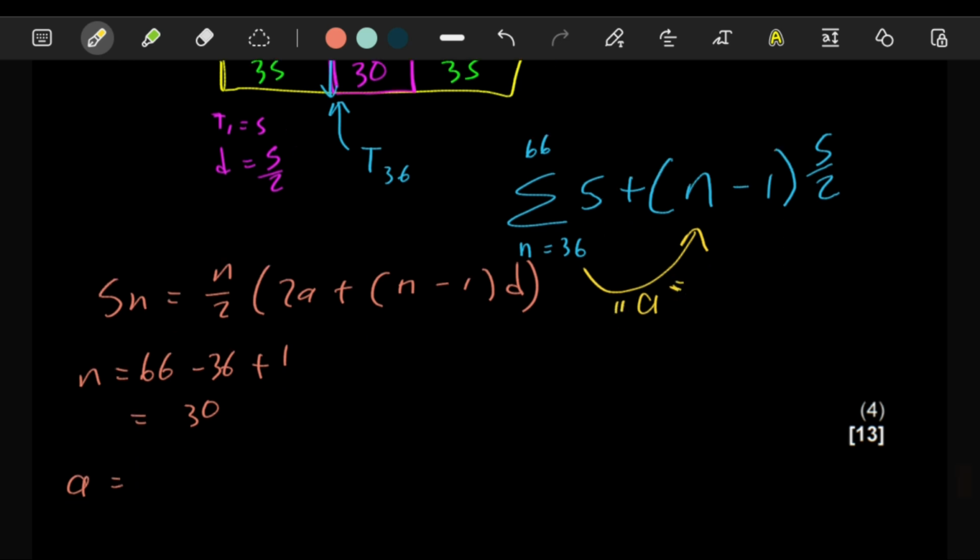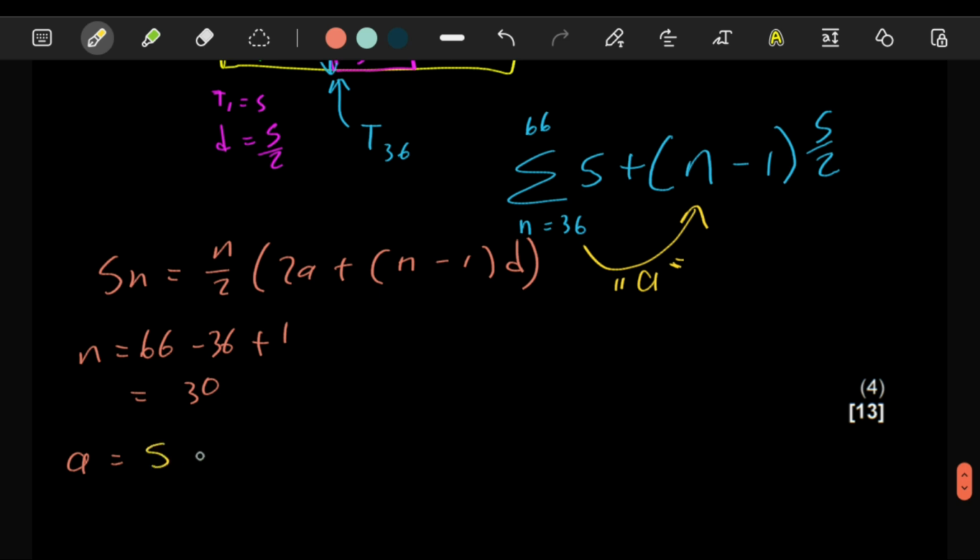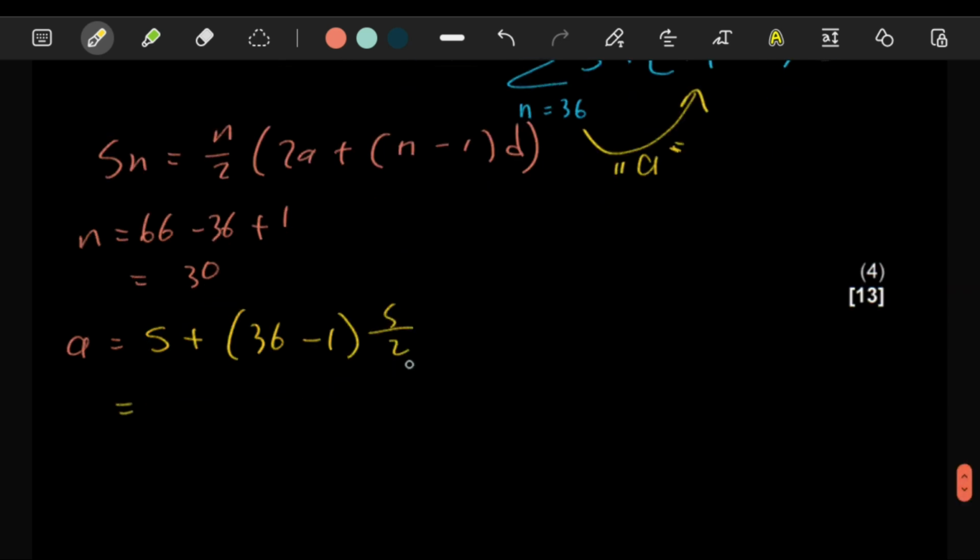So a is going to be 5 plus 36 minus 1 times d. Let's put everything into the calculator: it is 185 over 2.